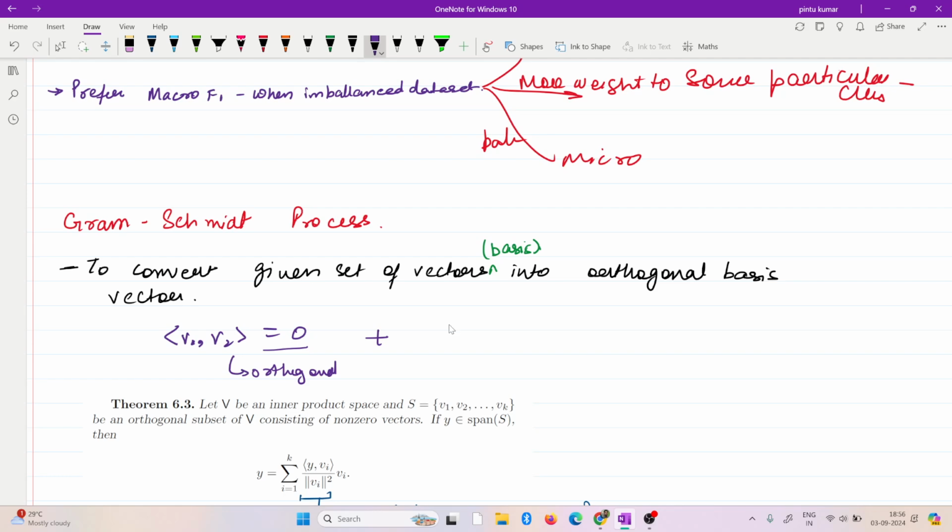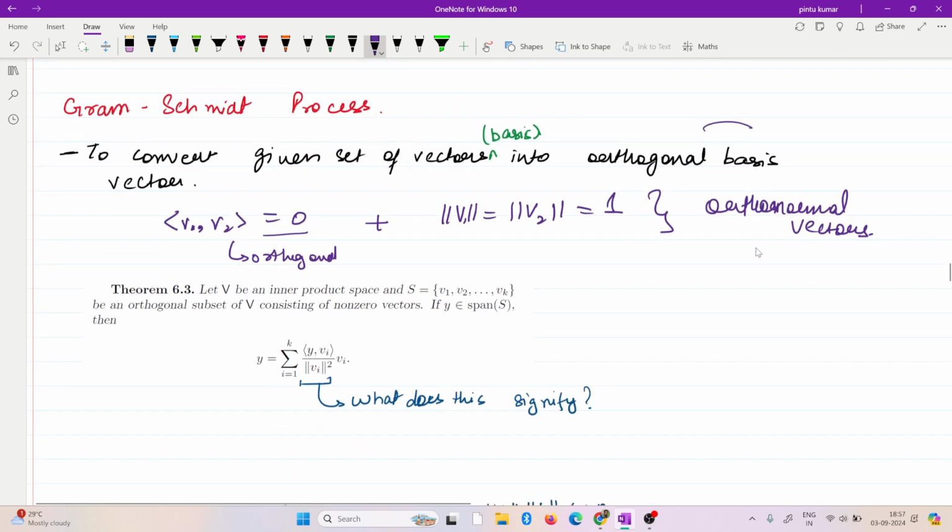Apart from being orthogonal, if the norm of v1 and the norm of v2 are both equal to 1, then together these conditions are called orthonormal vectors. You can convert any given set of basis vectors into an orthogonal basis and further into an orthonormal basis.